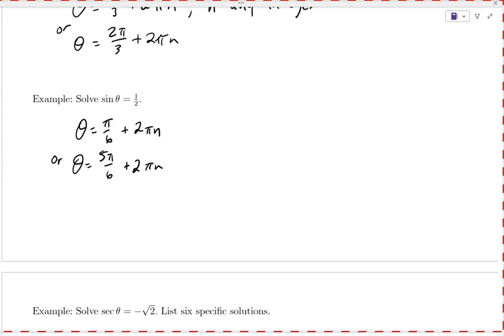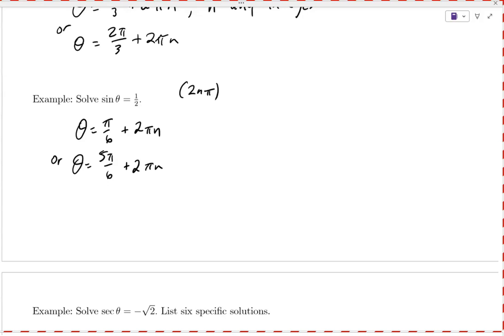Okay. But some books will use a K. Also, you may see it written with the N in front of the pi this way. It doesn't matter which way you write it. It's multiplication, so it doesn't matter the order. So either way works. I don't care which way you do.